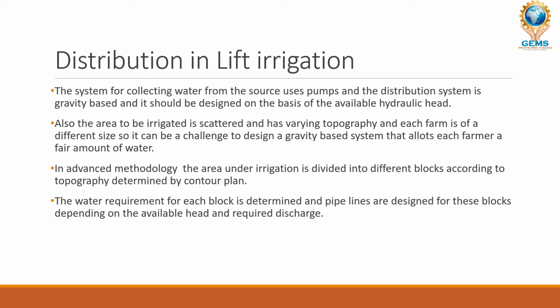If you are going to construct a percolation tank, you first have to analyze the topography. You have to see where all the irrigated lands are, and only then can you identify the site for the construction of the percolation tank so that it covers all the irrigated lands around it. You have to analyze the topographical pattern through the contour plan.